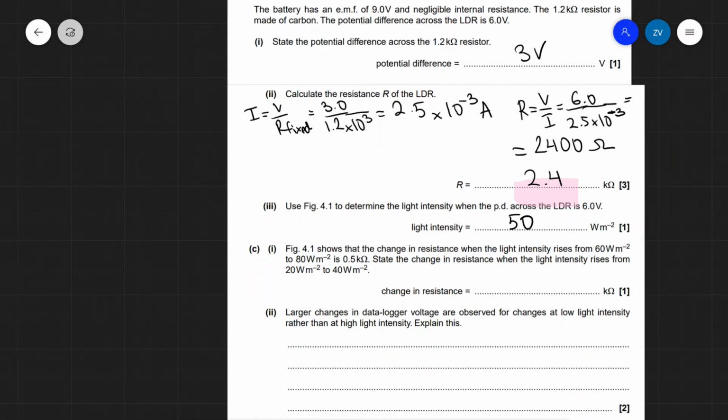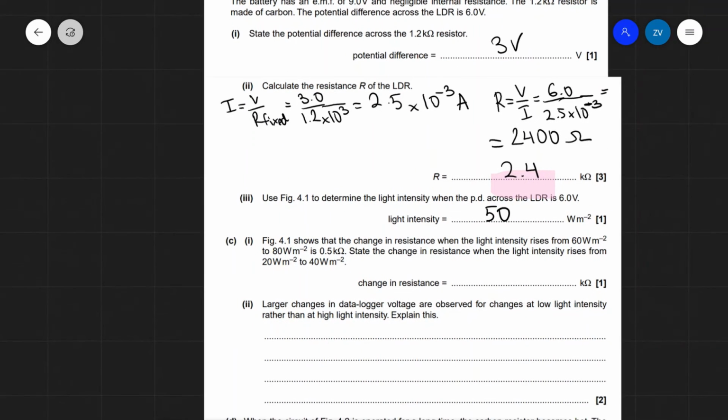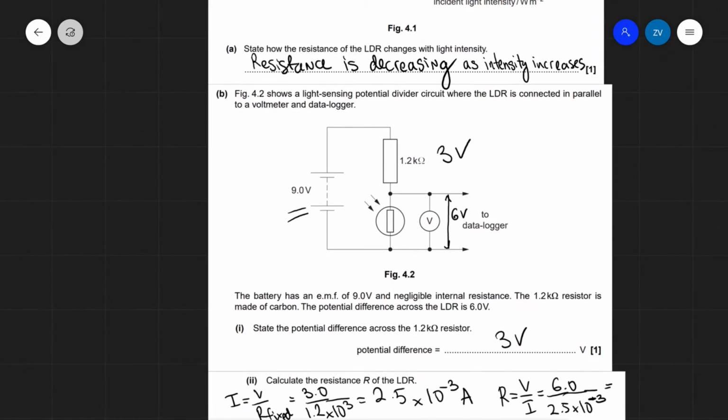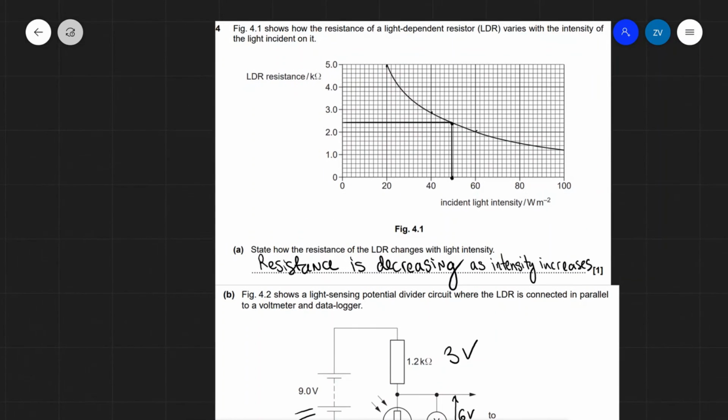Okay, next one. Figure 4.1 shows the change in resistance when the light intensity rises from 60 to 80 is half a kilo ohm. State the change in resistance when the light intensity rises from 20 to 40. Okay, well, because the gradient of the tangent here is going to change, also the amount is going to change.